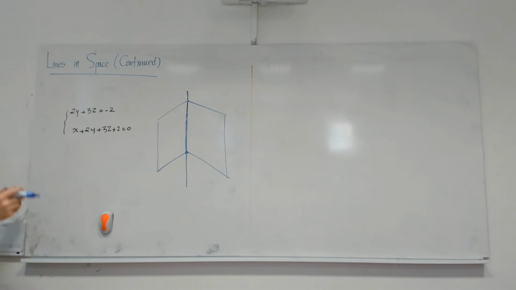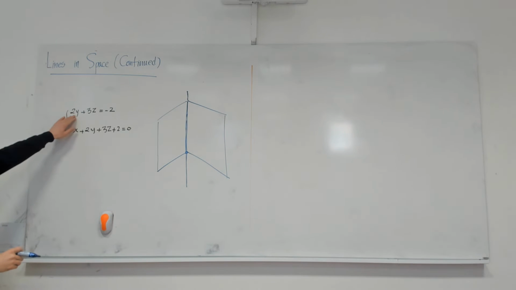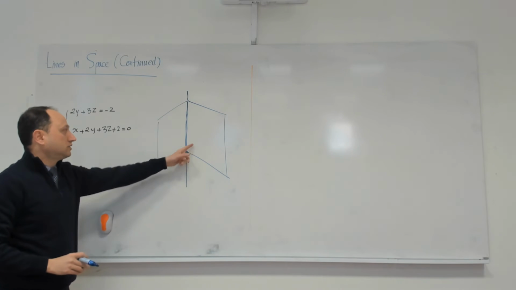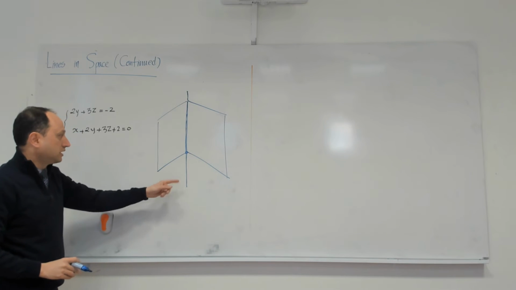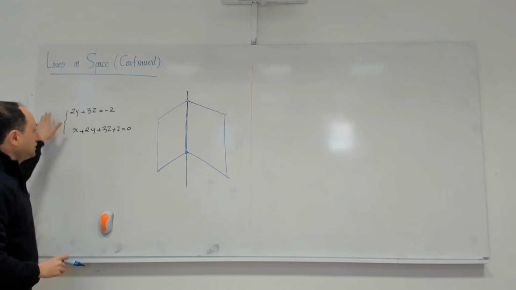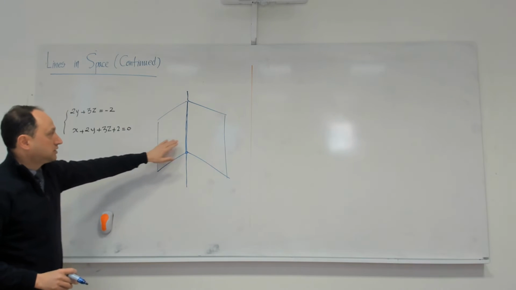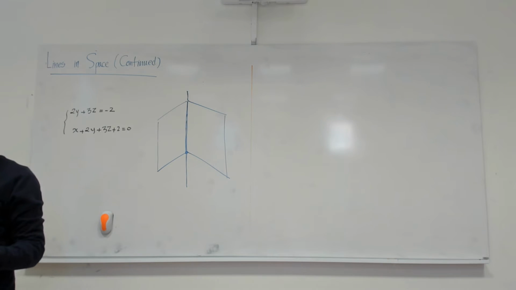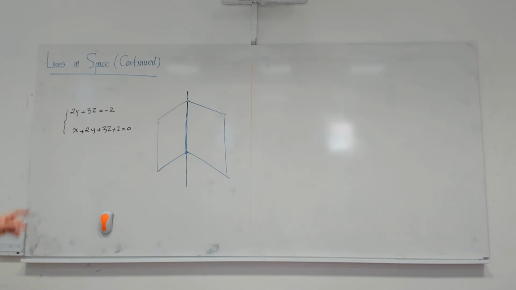But that is what it is. So this is one of these planes, that is another plane, and then I have the intersection of these two planes, which is this line. So the total equation is not this one, is not that one, it is just the intersection, which is a line.